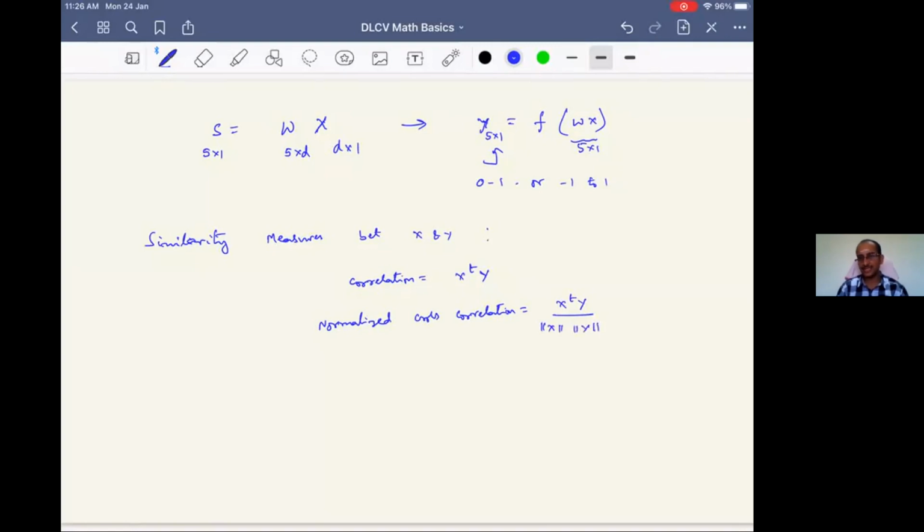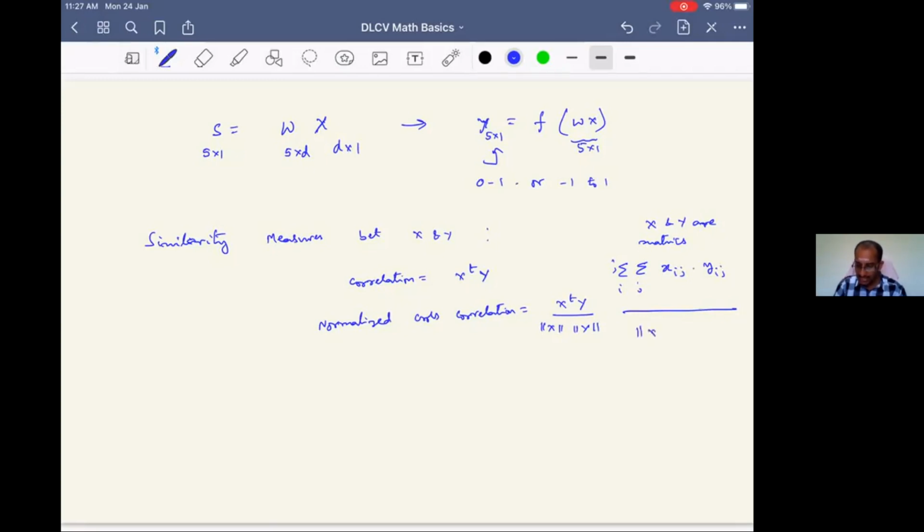See, this is fine with the vectors. How do you think we define it with matrices? If X and Y are matrices, this is essentially the element-wise product of all the elements of X with Y, and then we sum them. This is in some sense the measure of similarity between the matrices.